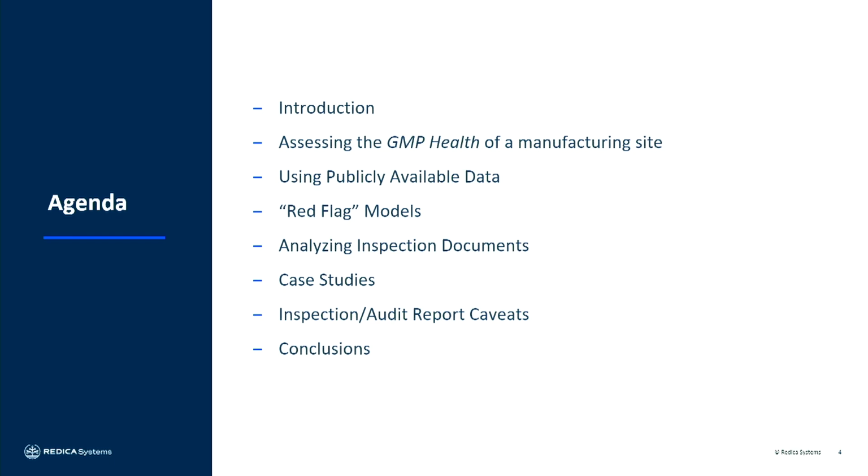A big part of the red flags come from inspection documents. So what an FDA investigator, for example, or an MHRA inspector finds on site feeds in. We're going to talk about inspection documents and how we analyze them. I have 3 case studies, so we can pull all this together.